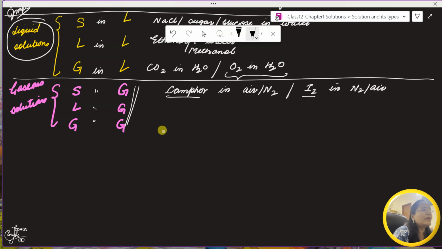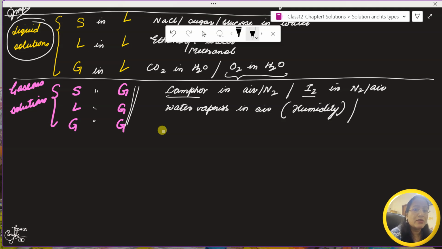Coming on to liquid in gas. The most common liquid that comes to your mind is water. So, you can have water vapors in air. And what do we call water vapors in air? Humidity. Another example, you can think of a liquid which is highly volatile, which can form vapors quickly.